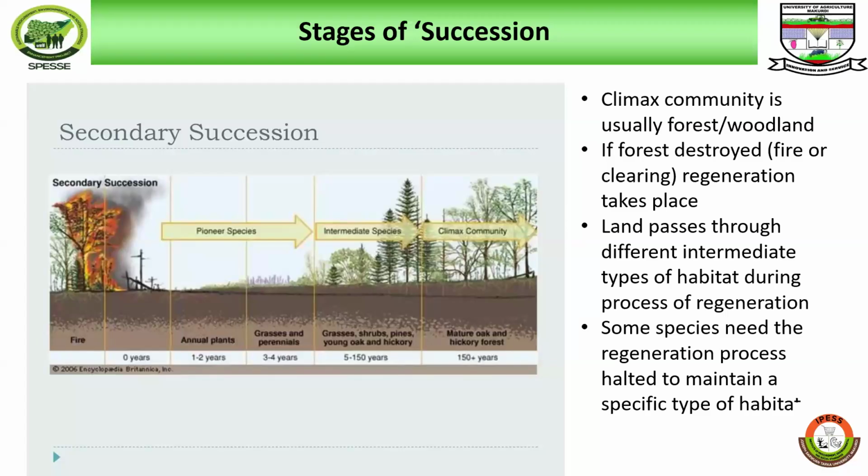And so these are the stages that you can find in secondary succession. So if a forest fire happens, there's a regeneration at the level of the climax community. So this land now passes through different types of habitats during the process of regeneration.